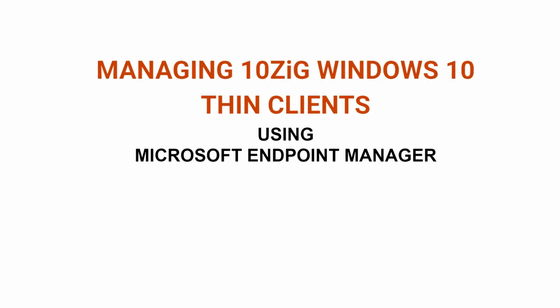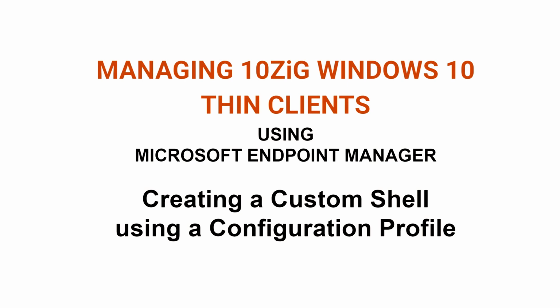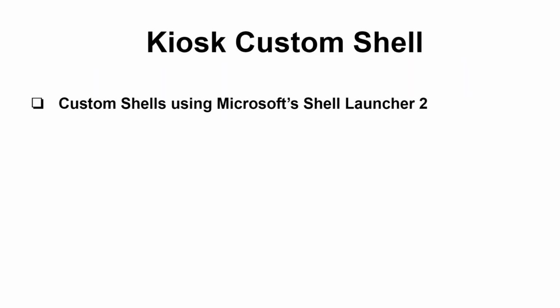In this section, we show you how to create a custom Windows Kiosk shell using a configuration profile that leverages Microsoft's Shell Launcher version 2 on the remote 10ZiG Thin client. We can also set the configuration profile to auto log on each time the device restarts.